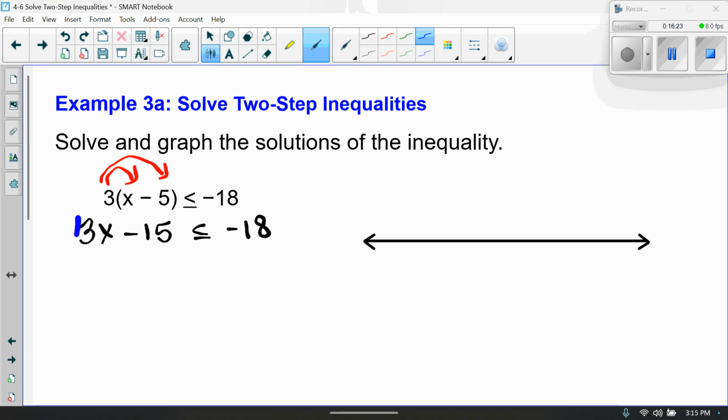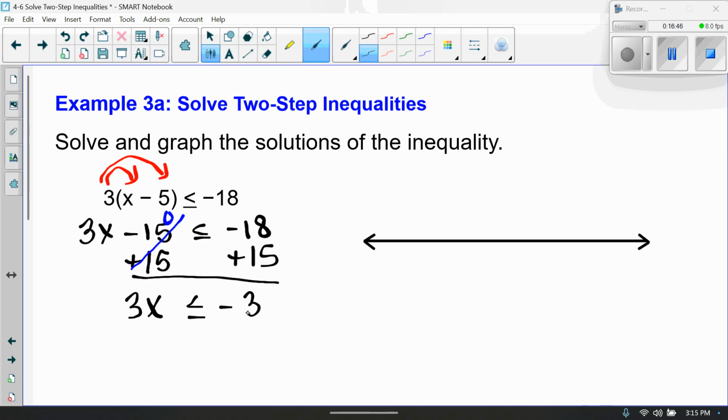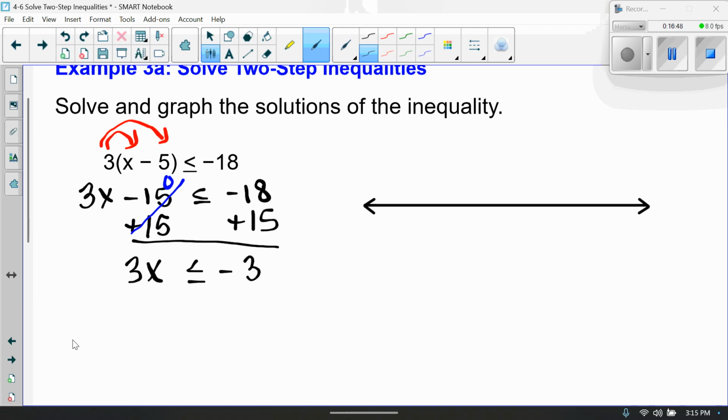Okay, so here we want to cover that up. What do I want to get rid of? Negative 15. How? Good. So plus 15 on both sides. Those 15s cancel to 0. So we get 3x is less than or equal to negative 3. Good.